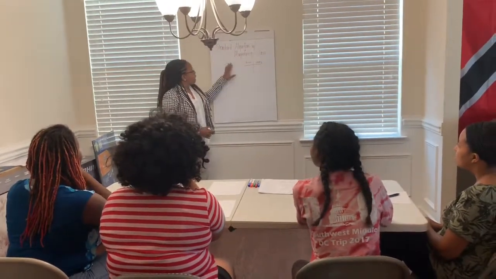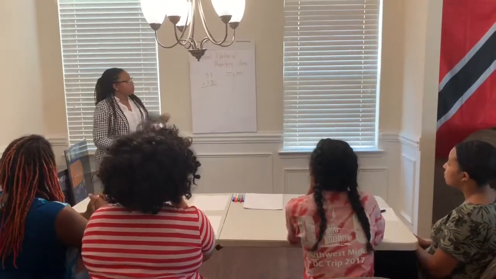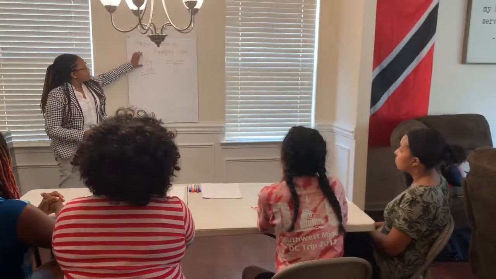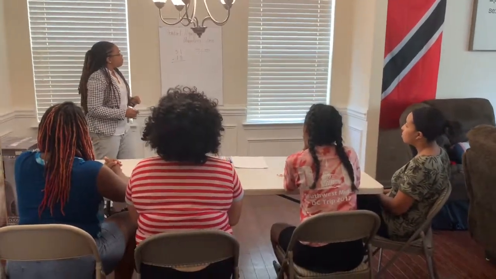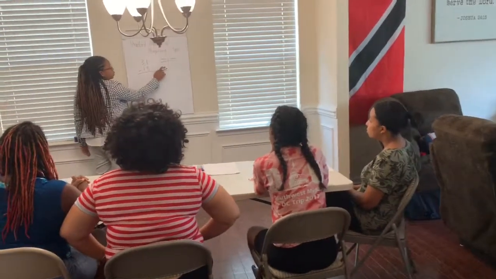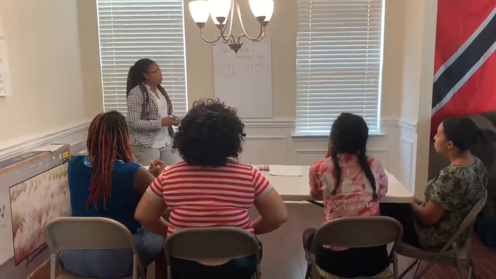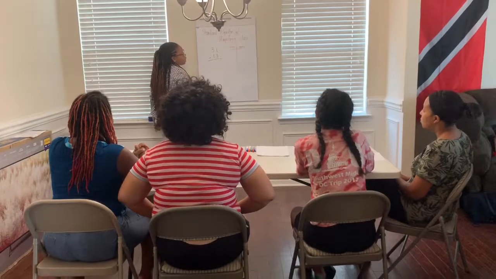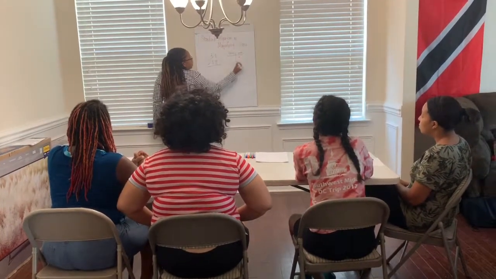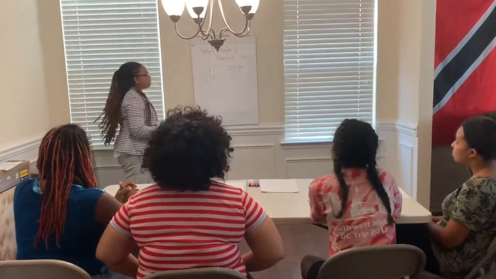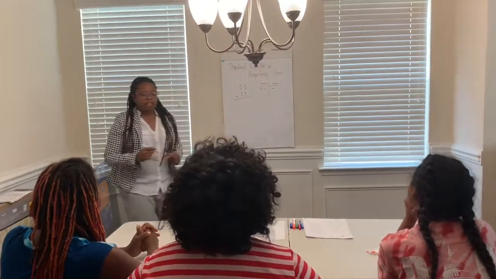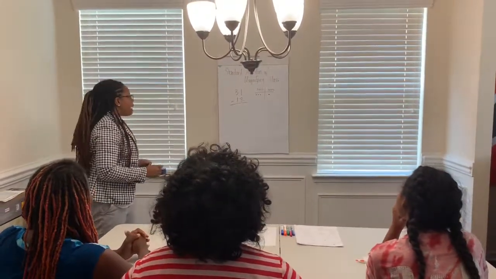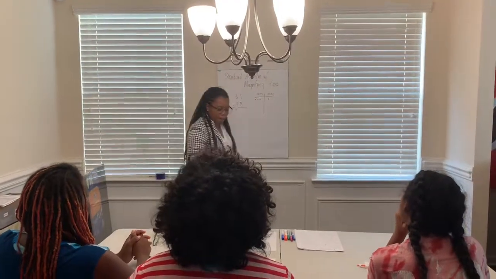All right, so in effort to be successful in solving this problem, we're going to have to take a really close look at our whole number. What I'm going to do is draw a pictorial representation of the number 31 in my place value chart. 31 has 1 one and 3 tens. Now here's where my magnifying glass comes into play.